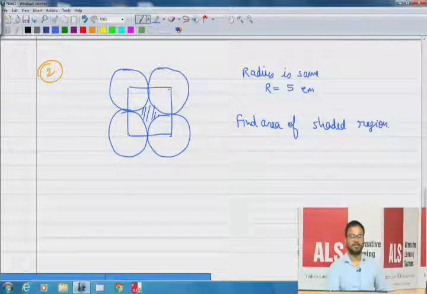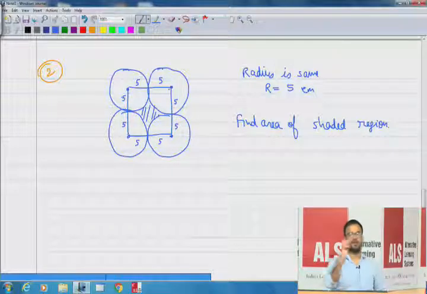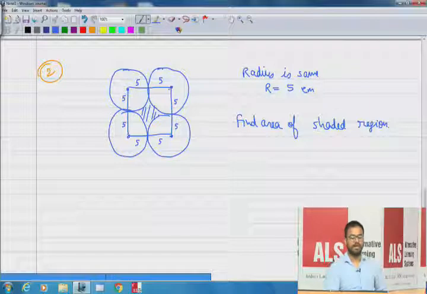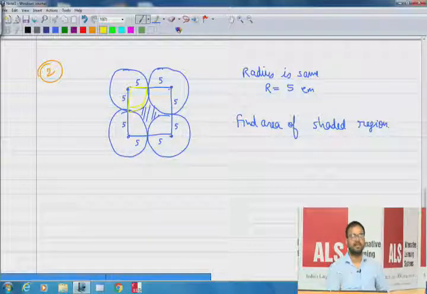See, the radius is 5 centimeter. These are the centers. So if this is 5, this is 5, this is 5, 5, you can see this is forming a square and these parts are forming a quadrant of a circle, and 4 quadrants of a circle are there, and 4 quadrants make a complete circle.